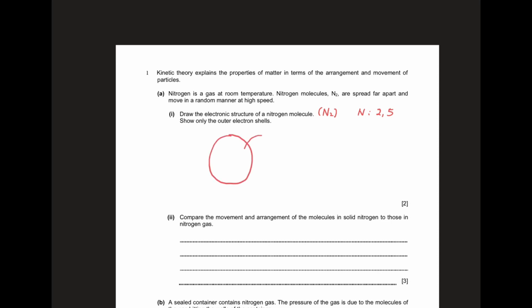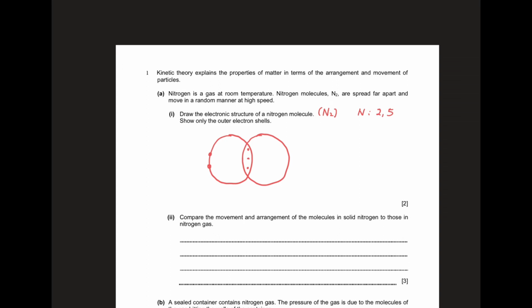of 2 of the nitrogen atoms, and then we put the electrons. Okay, so 1, 2, 3, triple bond. Okay, triple bond, then we should expect 3, 4, 5, something like this.